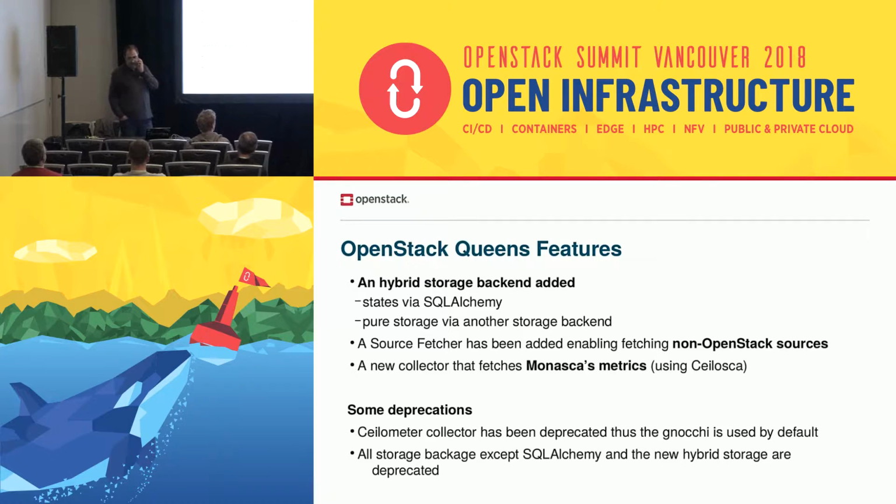We have been doing on Queens, and we are continuing that in Rocky, a lot of under the hood improvements. A lot of things that we've been working on in order to improve the quality of CloudKitty. So you might not see them when you are using it, but many things change on it. The first one is that we have added a hybrid storage backend. This hybrid storage features two things.